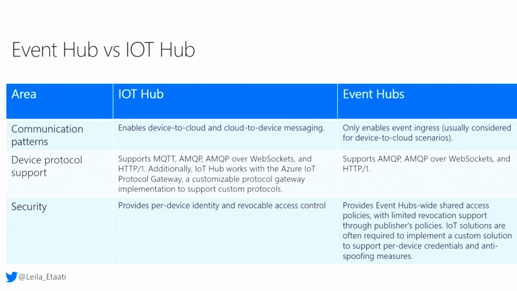But in IoT Hub, you're able to send and receive information, kind of bi-directional between them. So be careful when you are going to set this up. So the first difference is about communication, and the second one is about the device protocol.